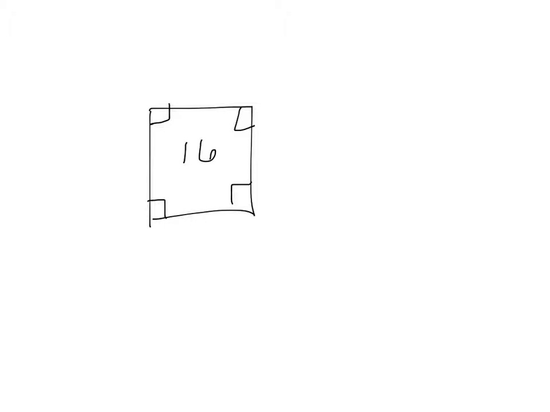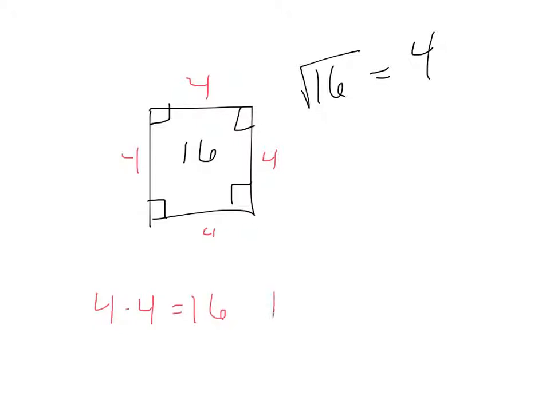In order for us to find the side length, we would need to take the square root of 16, which is 4. So we know that all of these sides are 4. If you look at this, 4 times 4 is equal to 16. The square root of 16 is equal to 4.